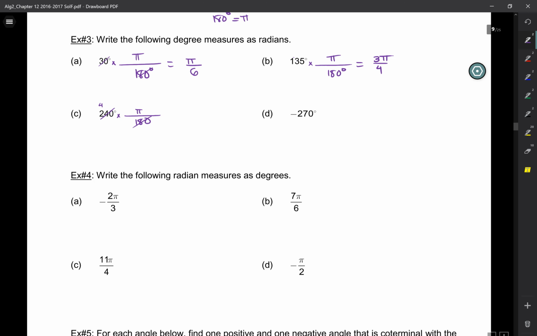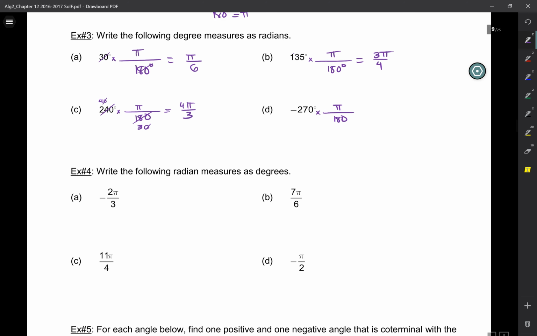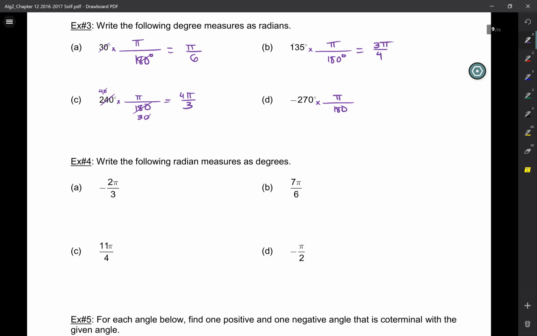So you get 40 over 30, which is 4 over 3, so that's 4 pi over 3. Negative 270. Same business. Yeah, 4 pi over 3, absolutely, nothing else. So we can, first of all, the 0 goes away with the 0, and 27 over 18 is by 9, negative 3 pi over 2.